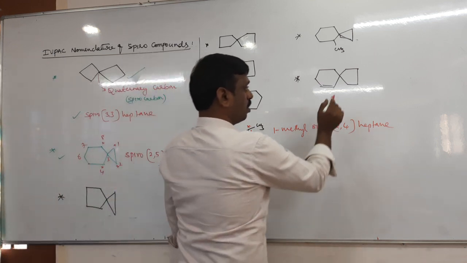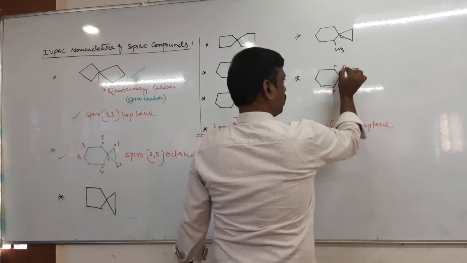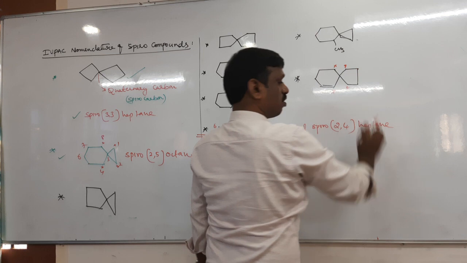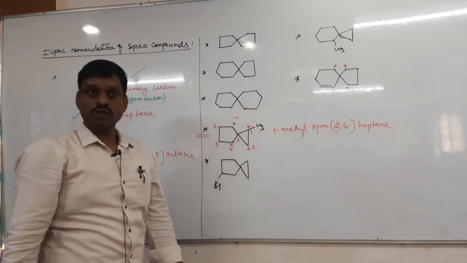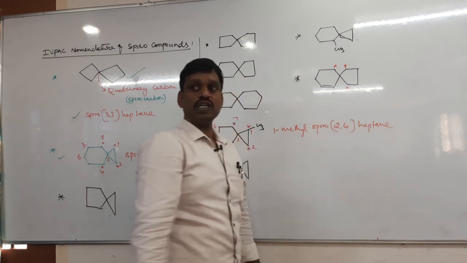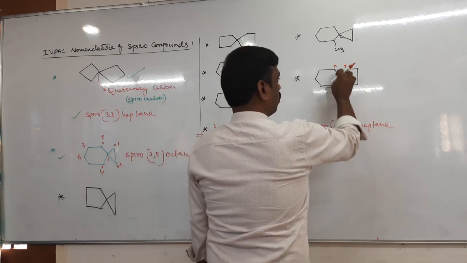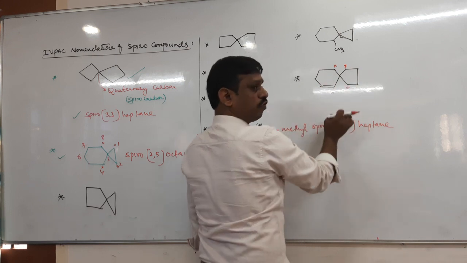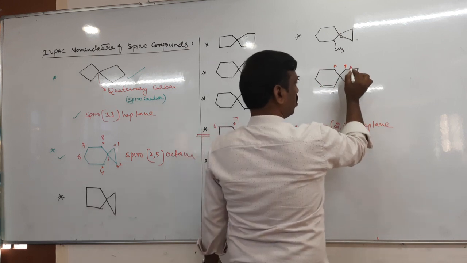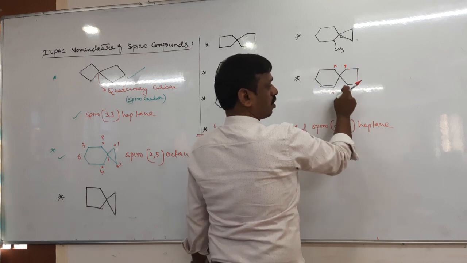It is same. Now here, this is next to spiro. There are 4 carbons next to the spiro. The numbering should start from the first shortest ring. The shortest ring is 1, 2, 3, 4. 1, 2, 3, 4, 5. So 4, no. Therefore it should start from here or here.